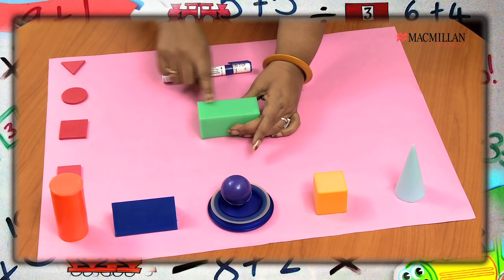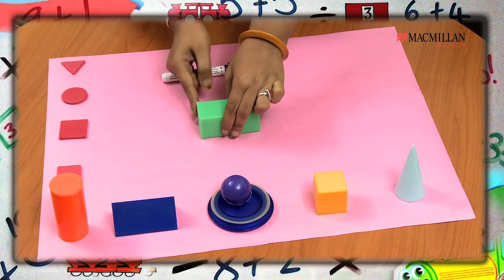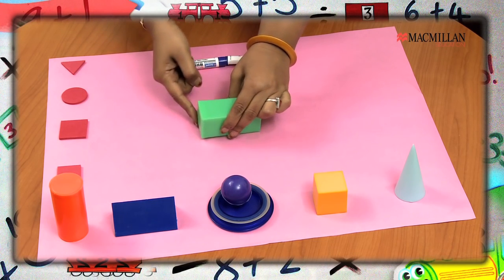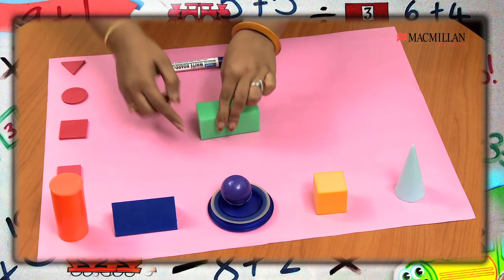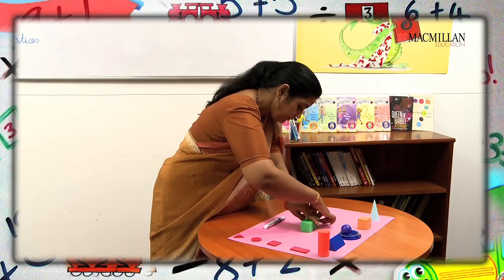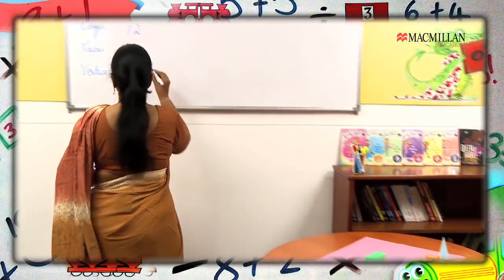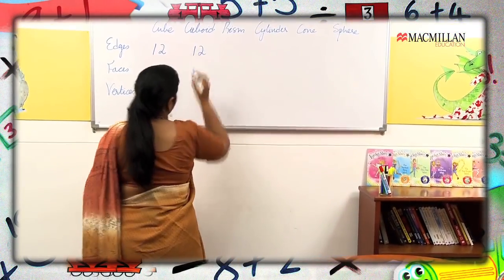So again 1, are you counting with me? 2, 3, 4, 5, 6, 7, 8, 9, 10, 11 and of course 12. So a cuboid also has 12 edges.